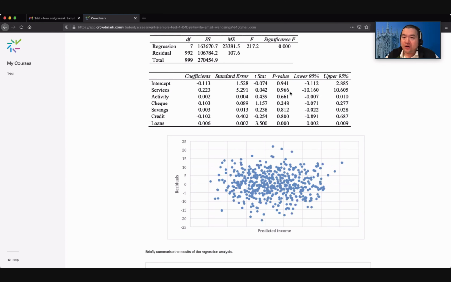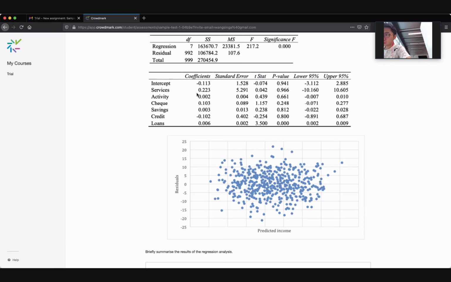Even at the lowest confidence level of 90%, this coefficient is still not statistically significant. That means this coefficient is not statistically significant at any of the three confidence levels: 90%, 95%, and 99%. So that means this coefficient does not hold in the population case.